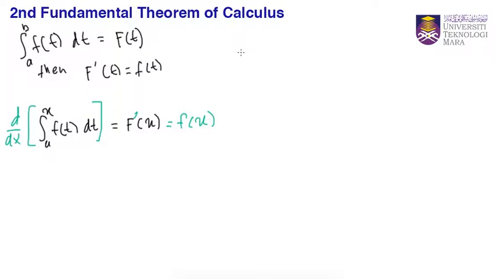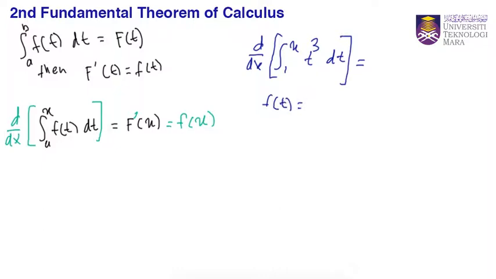Okay, let me give you an example. So you want to differentiate this by using the second fundamental theorem of calculus, we will get f(x). So what is our f(t) here? Identify what is our f(t) here. It is t cubed. So if f(t) is equal to t cubed, then f(x) is equal to x cubed. So that means when you differentiate this, you will get x cubed.